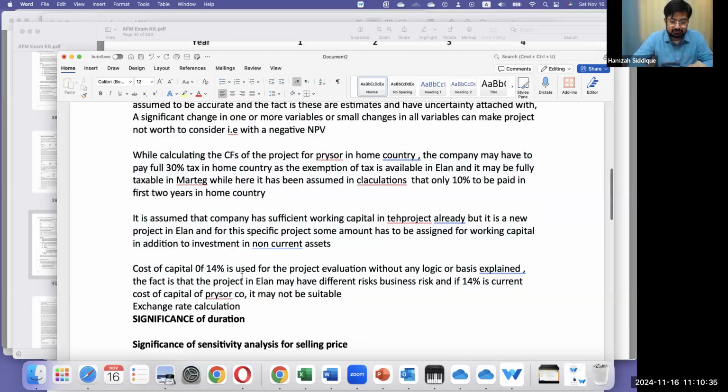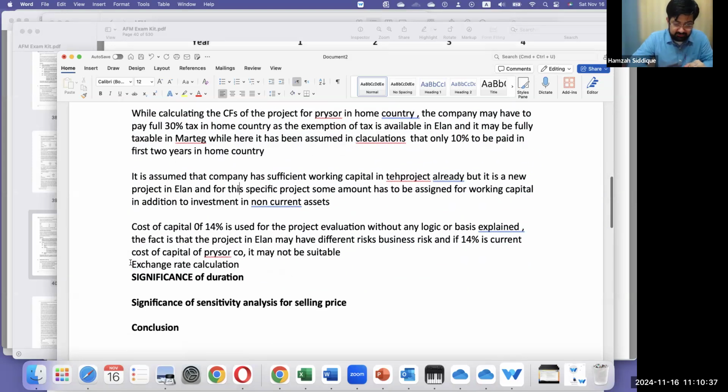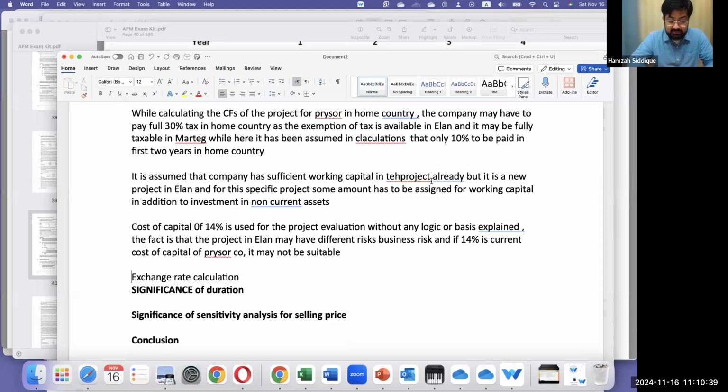Okay, now the last one, exchange rate. So exchange rate has been calculated using purchasing power parity theory.